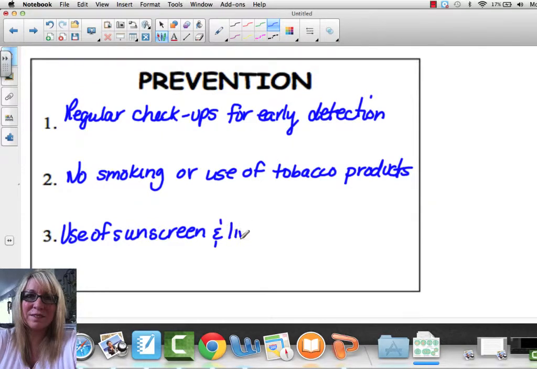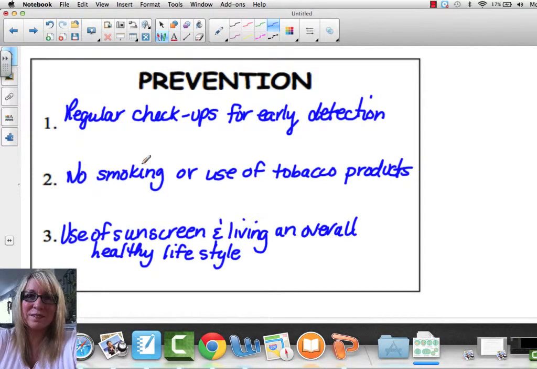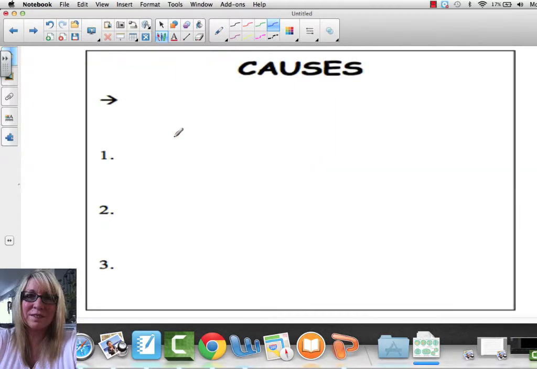And living an overall healthy lifestyle. Those are some things that you can do to help prevent cancer. Now, that's not always going to work, as you can see when we talk about causes.